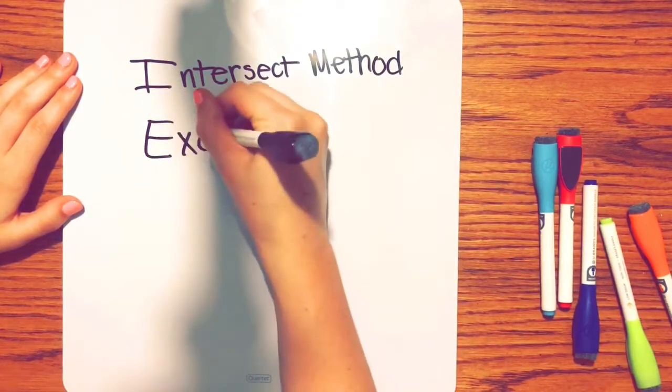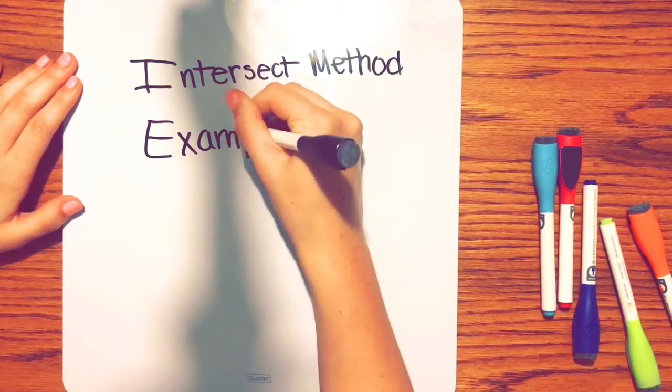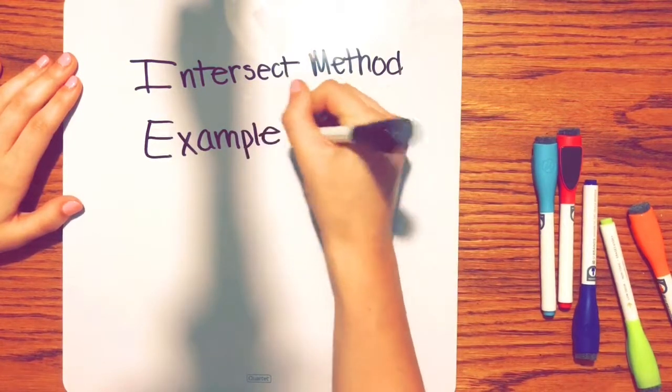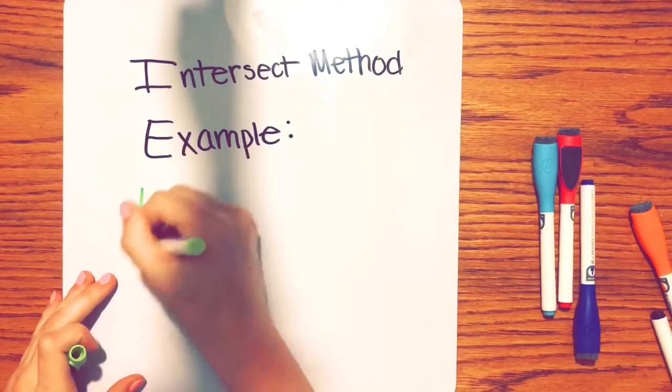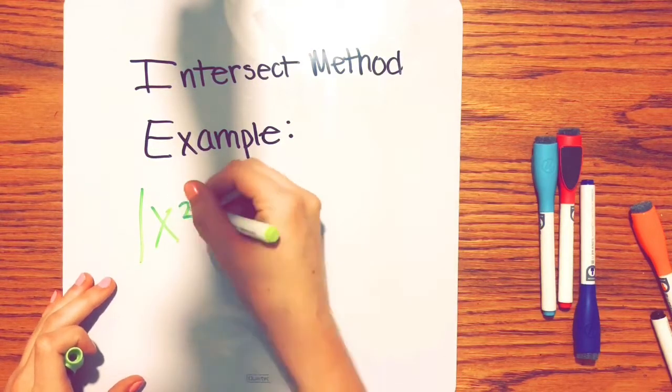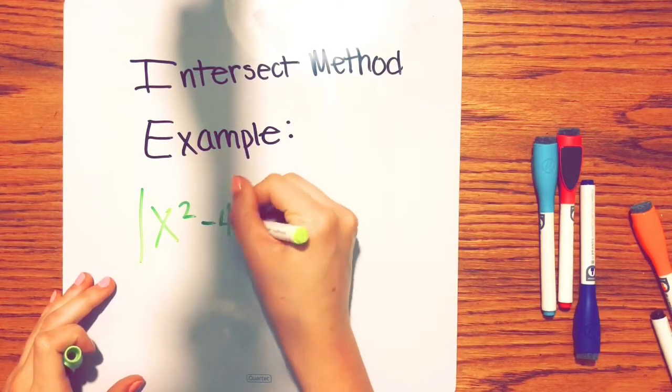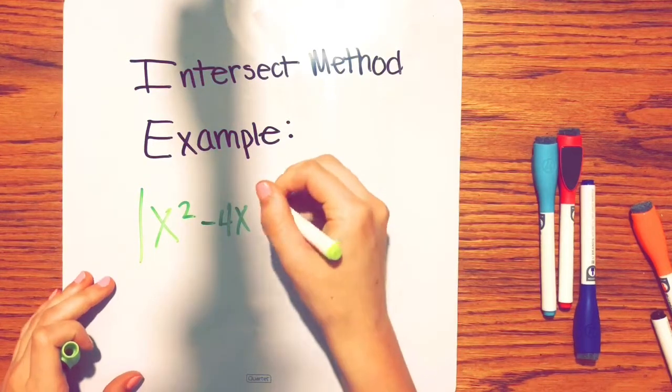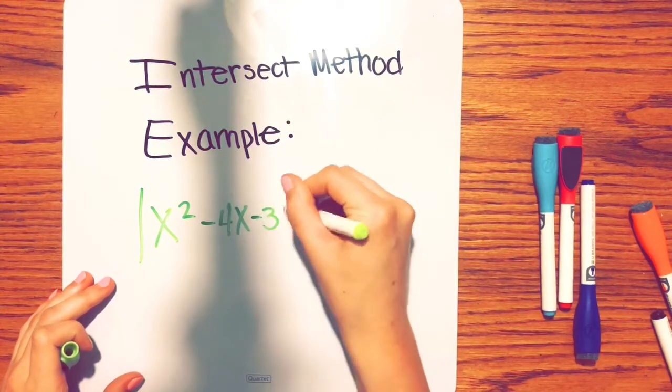the equation we are going to use for this problem is the absolute value of x squared minus 4x minus 3 set equal to x to the third plus x minus 6.